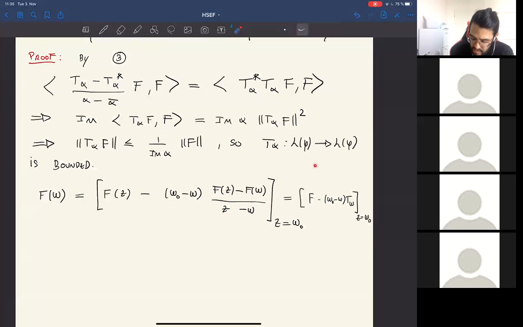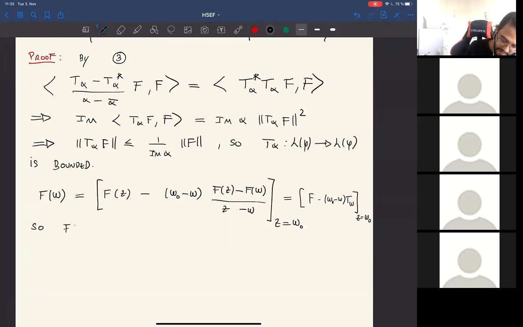Well, as we assume that this evaluation functional was continuous, this part here of the evaluation will be a continuous functional. And this is just, I'm taking a function here given by a continuous map and evaluating again at W naught. So I'm composing TW, which is continuous, with the evaluation functional at W naught. Therefore, this part here should also be continuous by the hypothesis.